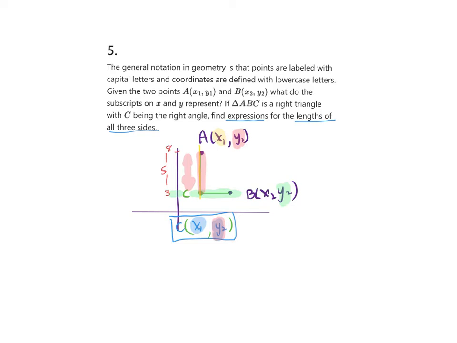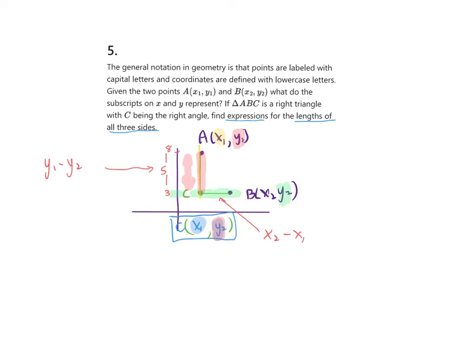So you could do the same thing here, y sub 1 minus y sub 2. There you go. So that's this distance. Likewise, we can subtract to find the x's. So x sub 2 minus x sub 1.